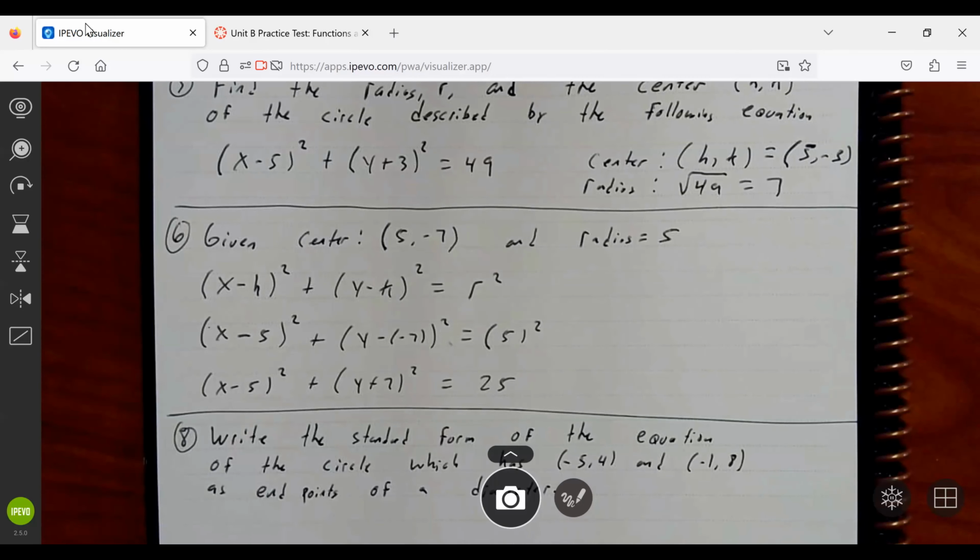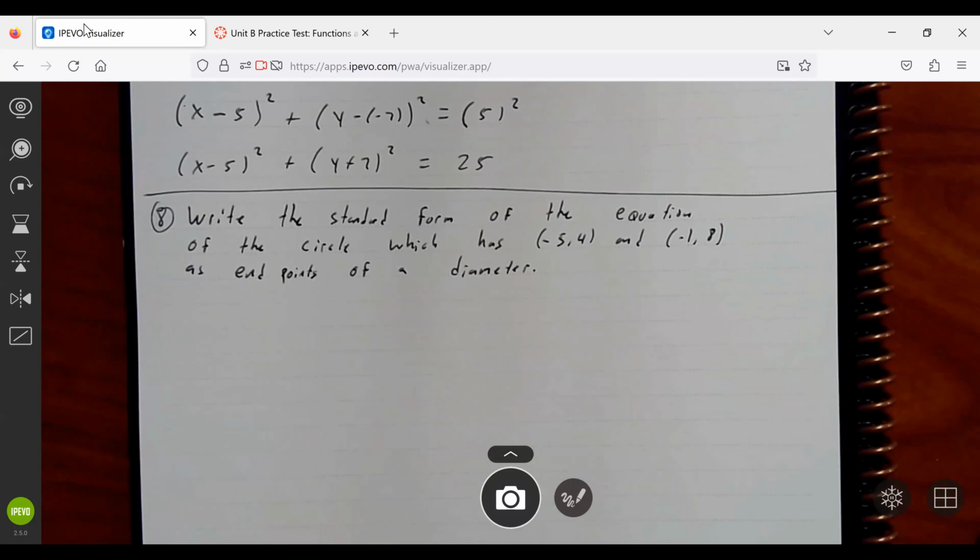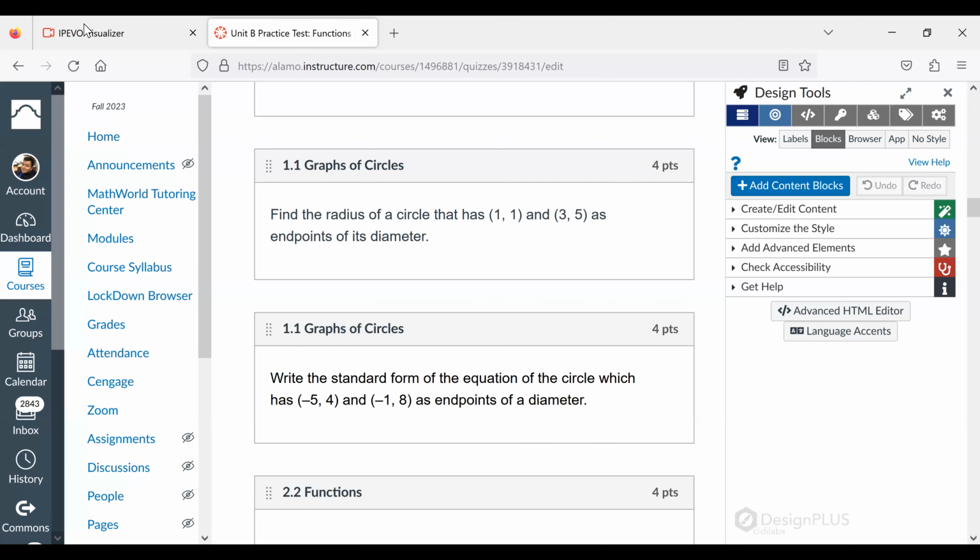Double check I wrote the numbers right: -5, 4, and -1, 8.